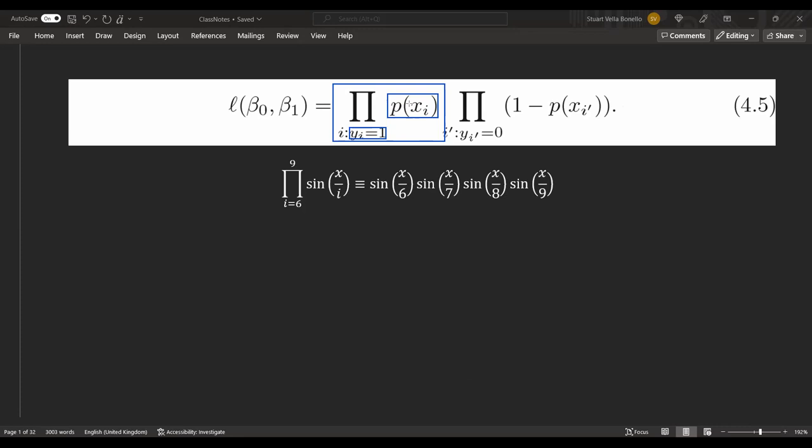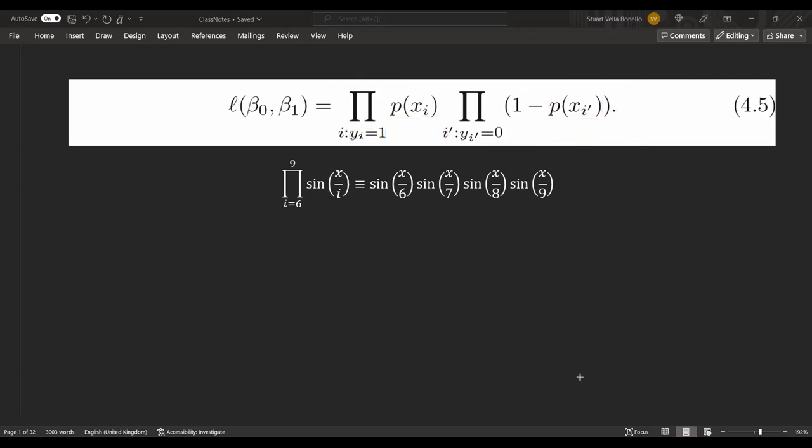You're multiplying 333 probabilities over here. The probability of what? The probability of default. And over here, you're multiplying the remaining, roughly 9,600 probabilities. These did not default. So we don't speak of probability of default, but we speak of 1 minus the probability of default.